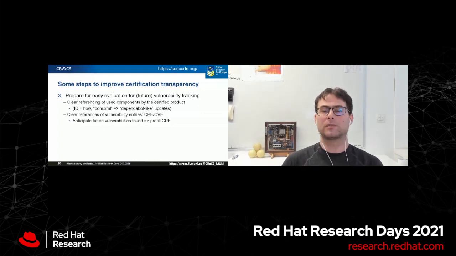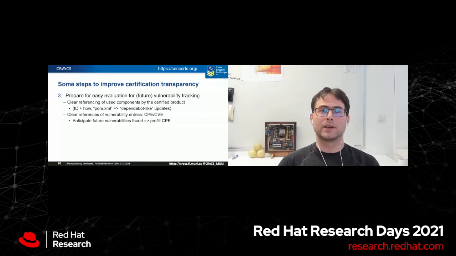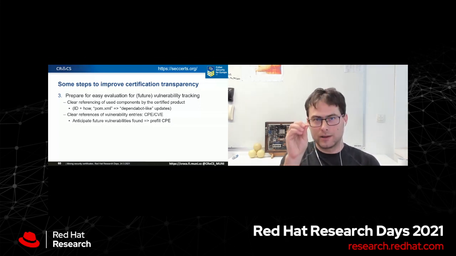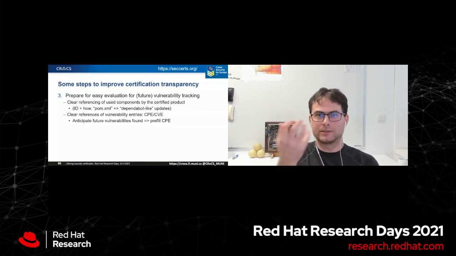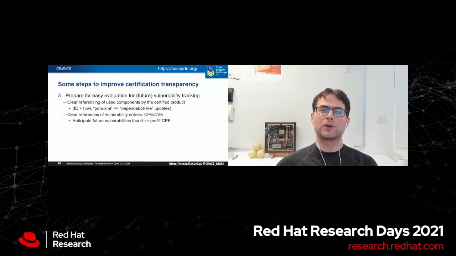The CVE database has the Common Platform Enumeration, which identifies the vendor, software, or type of product, including the version. And if you prepare items like this, then it's way easier for people to assign the vulnerability to the correct reference, and then it's easier to track it.